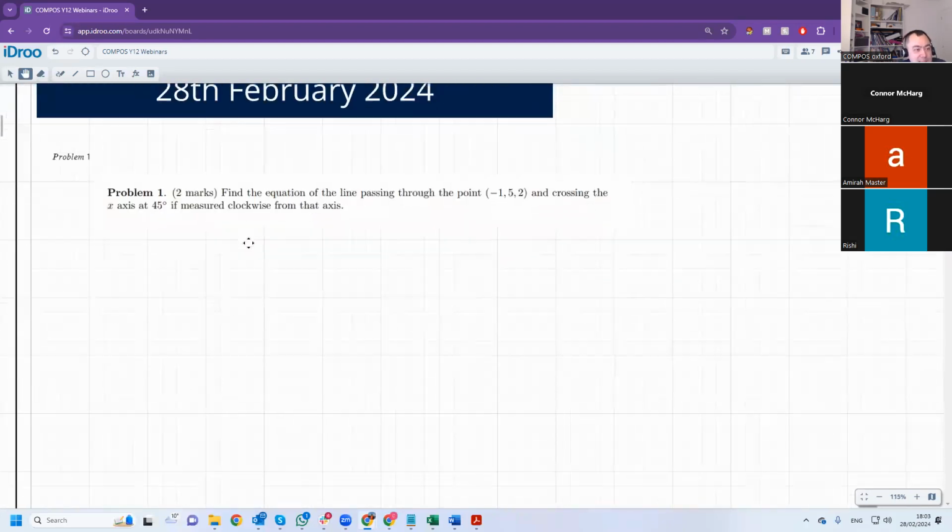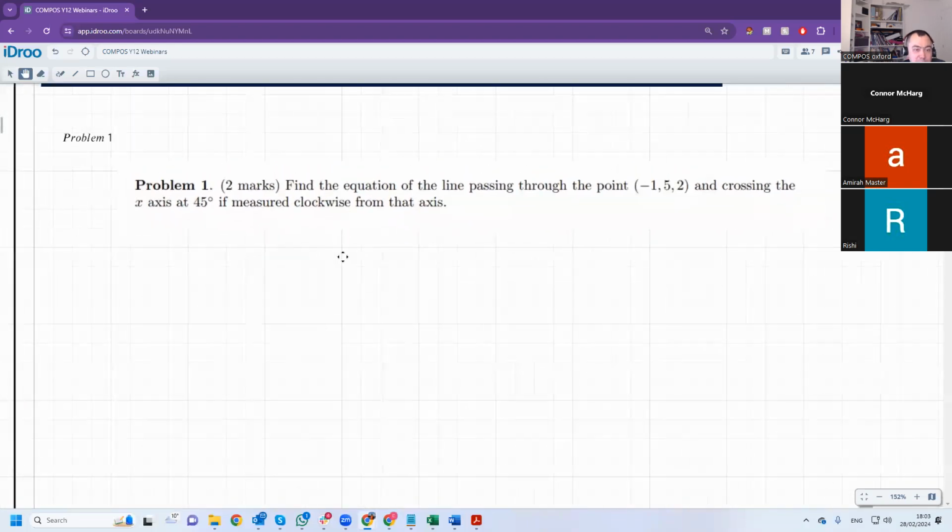Problem 1. Find the equation of a line passing through the point, and okay, that is a typo. It's going to be minus 1.5, 2, it should have been from last year's assignment.